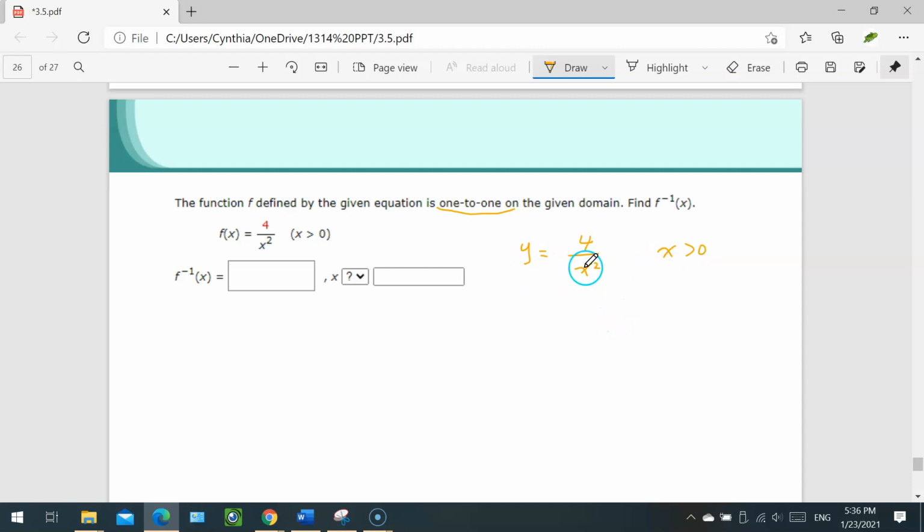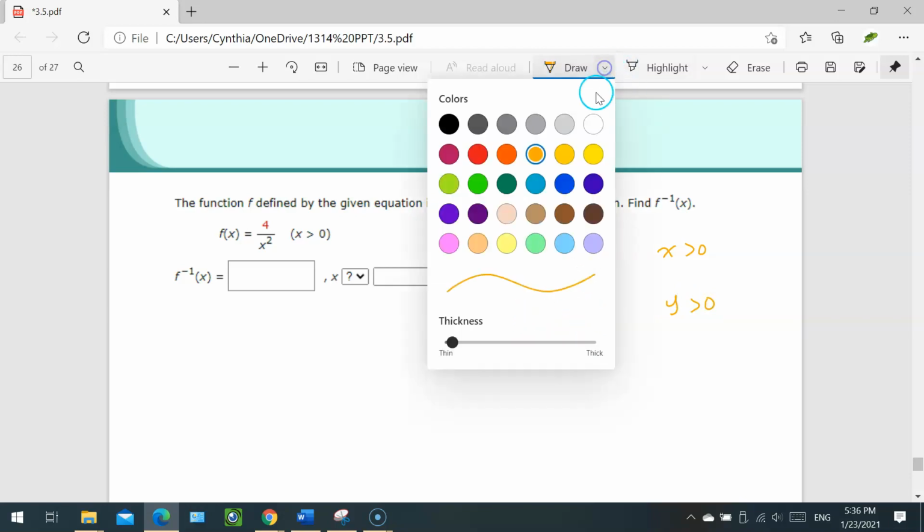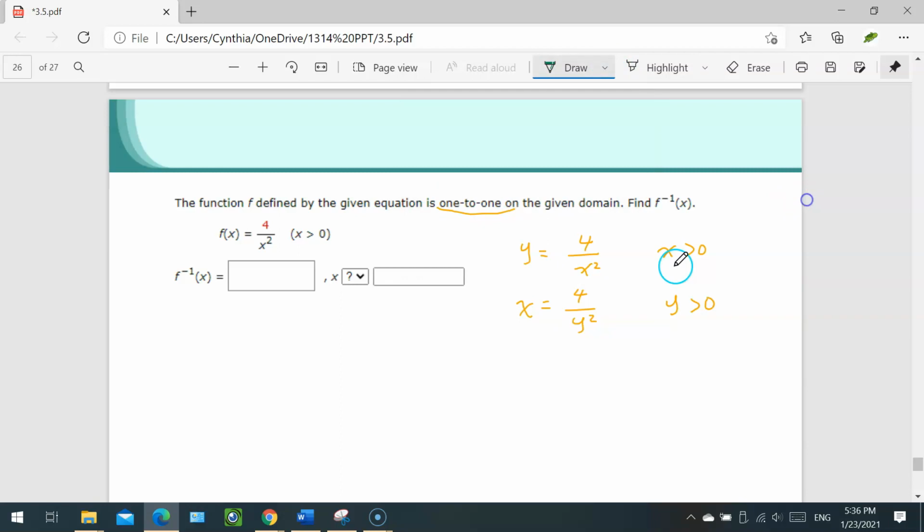Now we interchange x and y. So x equals 4 over y squared. Since x and y are interchanged, I have to change this x greater than 0 to y greater than 0. And now we solve for y. I'm going to multiply y squared on both sides, so this cancels out.